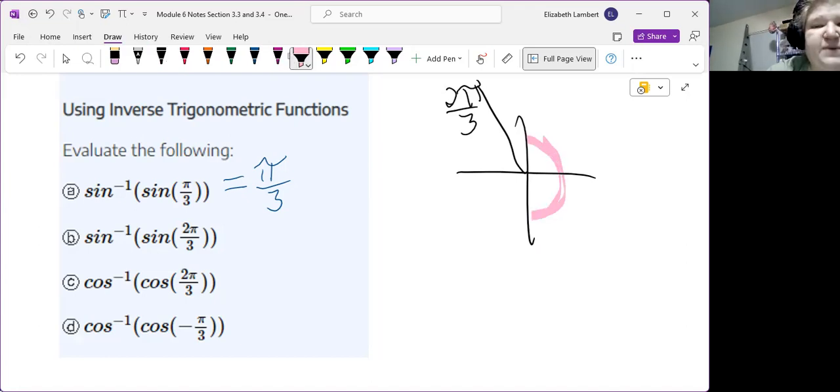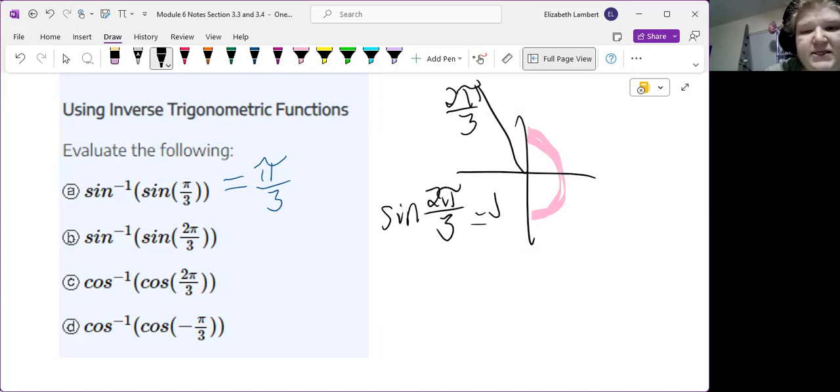Inverse sine will only spit out answers over here in quadrant 4 and 1. So 2 pi over 3 is the long side, 60-degree reference triangle. So the sine of this is the square root of 3 over 2.